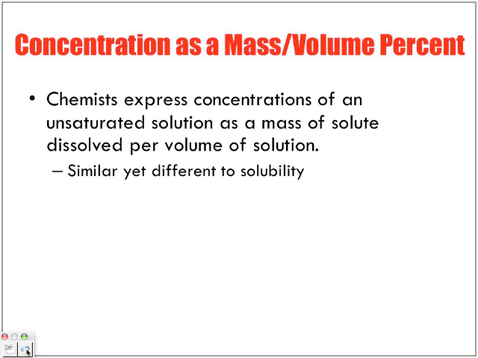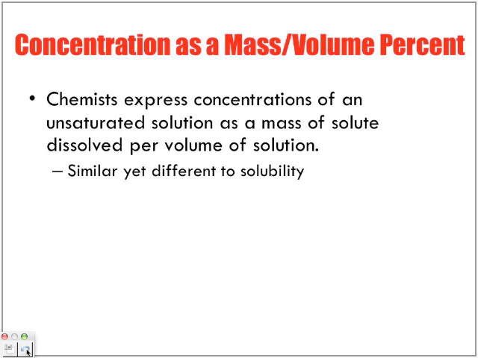So, concentration as mass per volume percent. Chemists express concentrations of an unsaturated solution as a mass of solute dissolved per volume of solution. Similar yet different to solubility. What we're looking at is what mass of solute we are going to dissolve in a specific volume of solution.